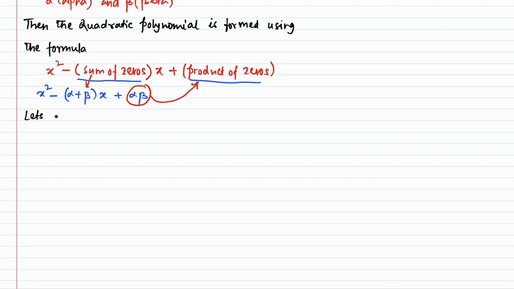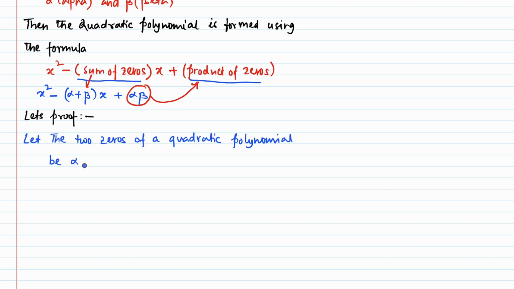Now let's prove how the above formula works. Let the two zeros of a quadratic polynomial be alpha and beta.